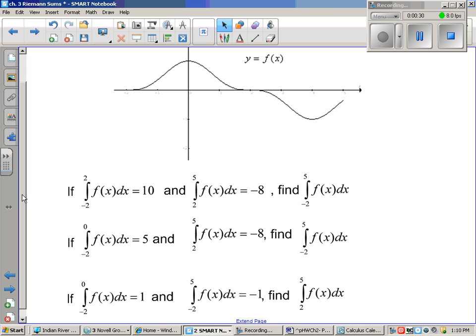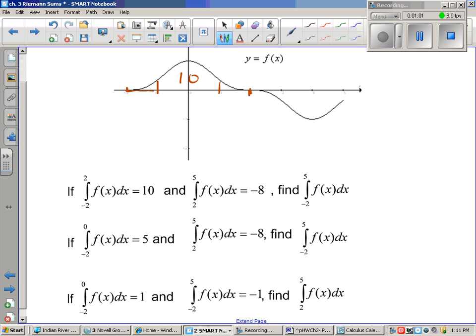So the first one says, if negative 2 to 2 equals 10, and from 2 to 5 equals negative 8, can you determine negative 2 to 5? I want to make sure I'm doing this right, negative 2 to 2 is 10. Sorry, it comes all the way here to 2.